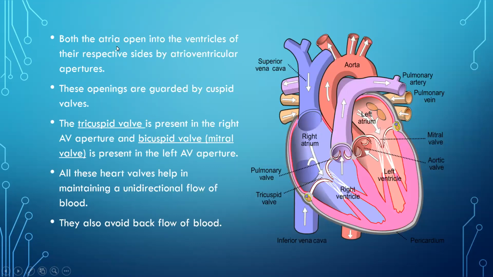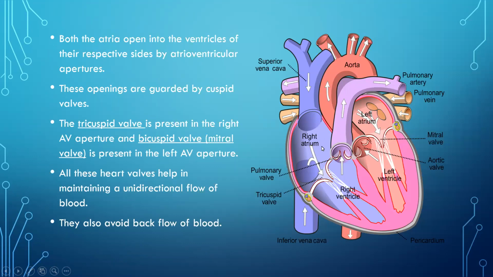Now both the atria open into the ventricles of their respective side by atrioventricular aperture. You can see this is the right atrium, this is the left atrium. Both the atria open into the ventricles.